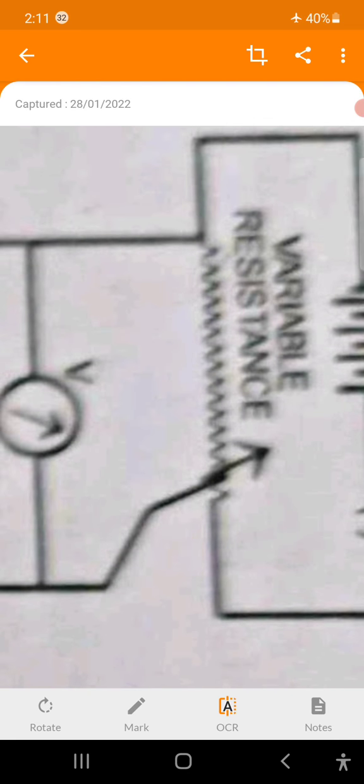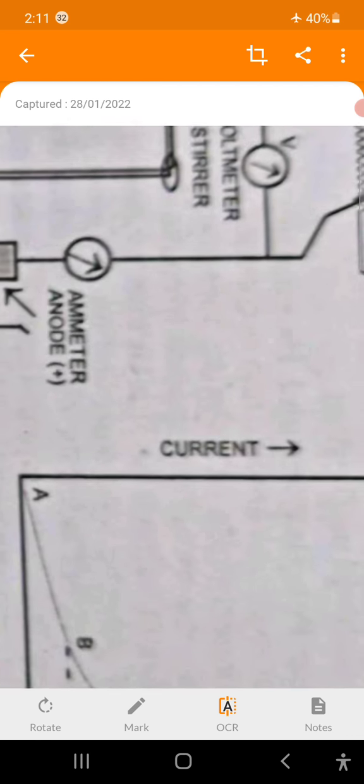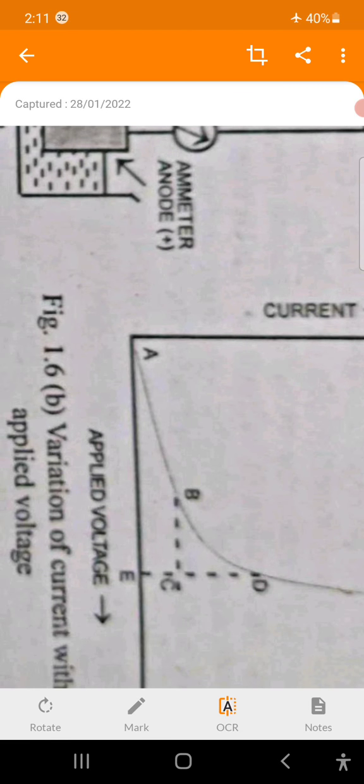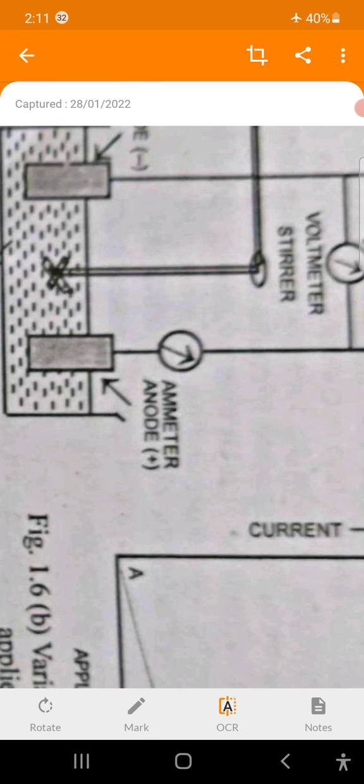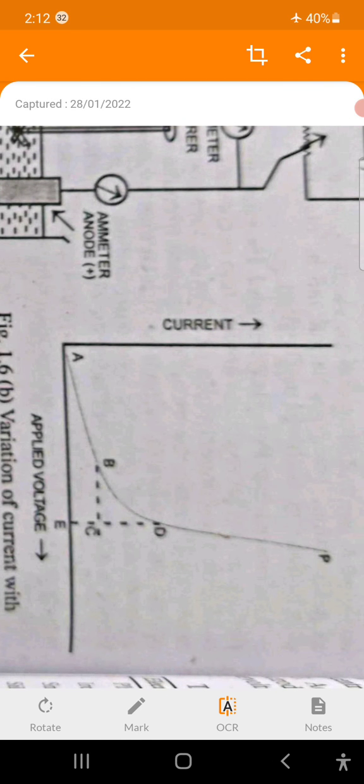Using the rheostat we slowly increase the voltage applied between the two electrodes, and for each voltage the current is measured with the help of the ammeter, and we plot the graph of applied voltage against current.